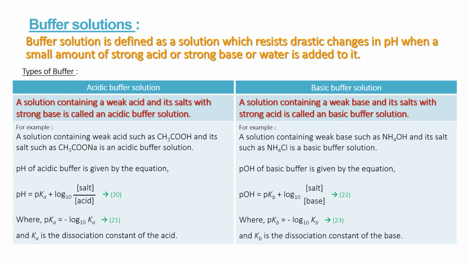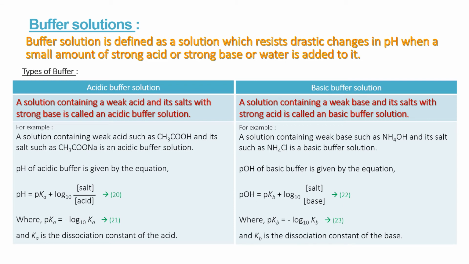Now, what is the pOH of our basic buffer solution? Whenever we have an acidic buffer, we write pH and pKa. But whenever we have a basic buffer solution, we take pOH and pKb.